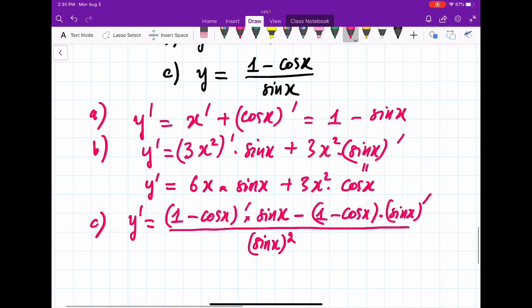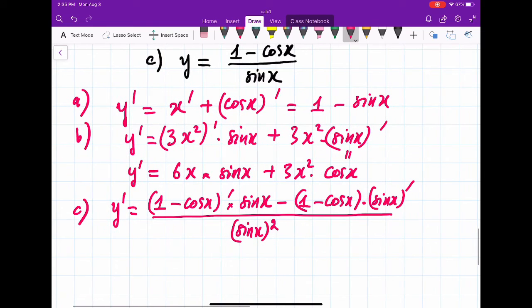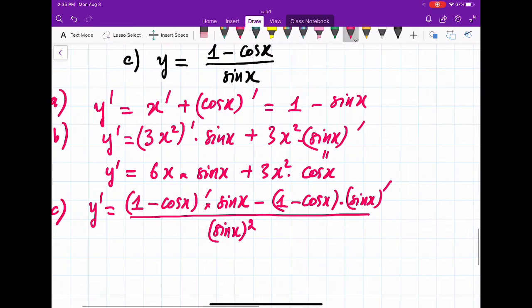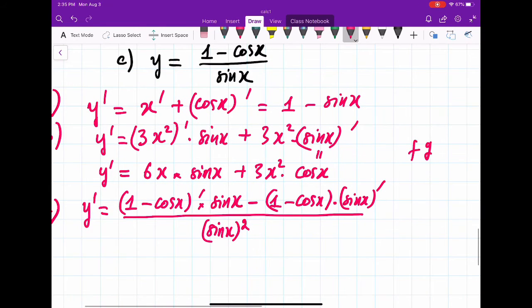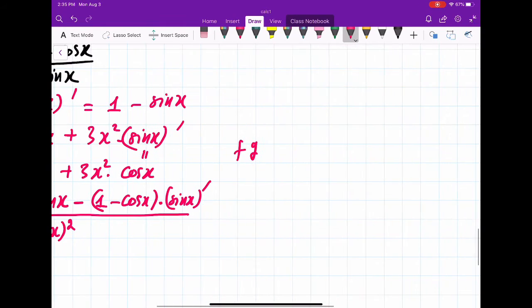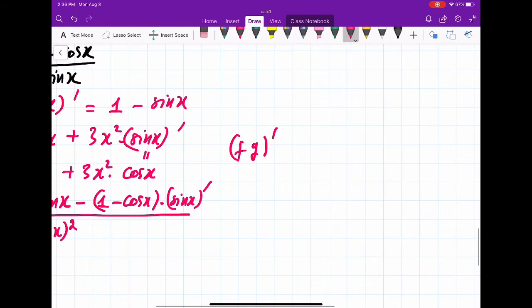You know, if you pay attention, when I use the quotient rule and the product rule, I don't change the order of f and g. Remember that? If you have f and g and take the product, the derivative is f'g plus fg', and I move the prime symbol from f to g. So I have two terms. You see that?